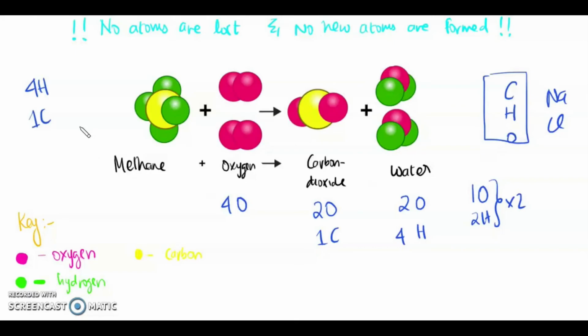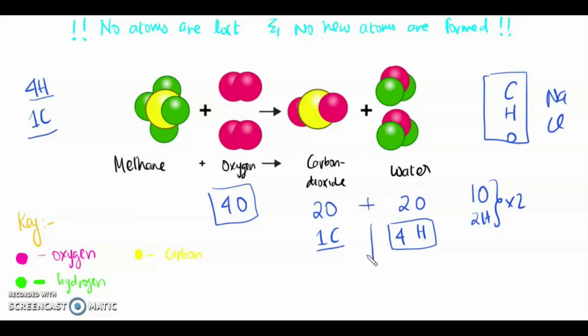Let's check with our numbers. We have 1 carbon in our reactant. We have 1 carbon in our product. We have 4 hydrogens in our reactants, and we have 4 hydrogens in our product. Then we have 4 oxygens in our reactant. And how many oxygens do we have in our products? We have 2 oxygen in the carbon dioxide and 2 oxygen in the water.